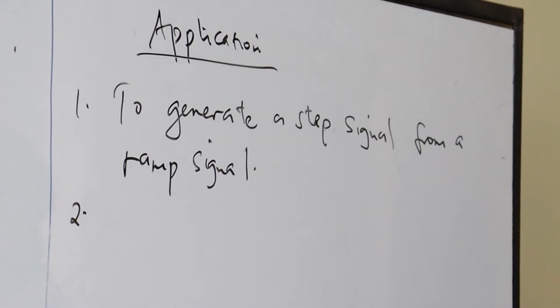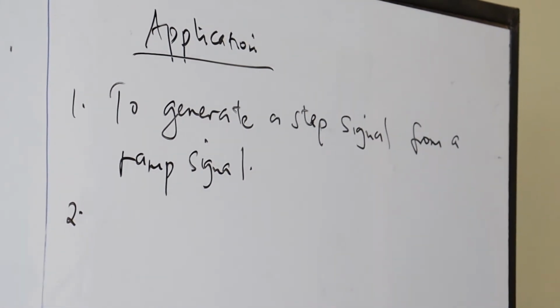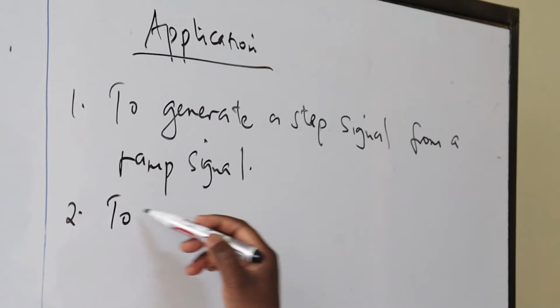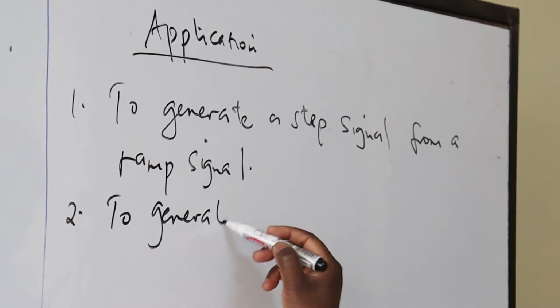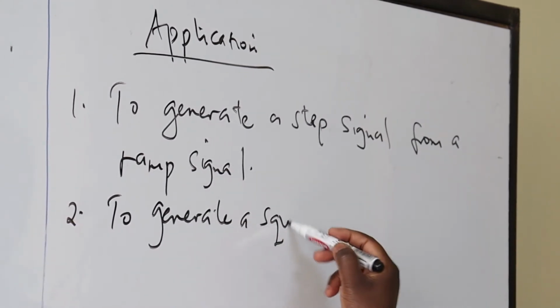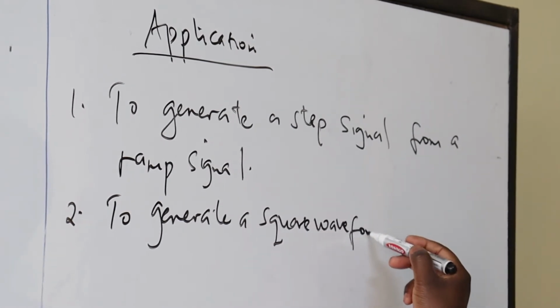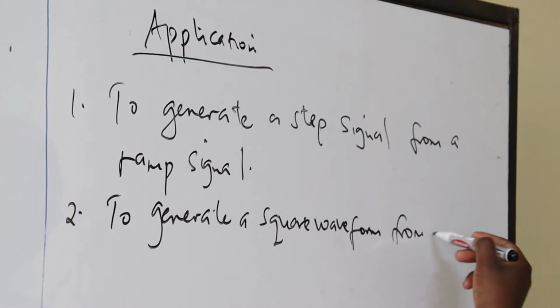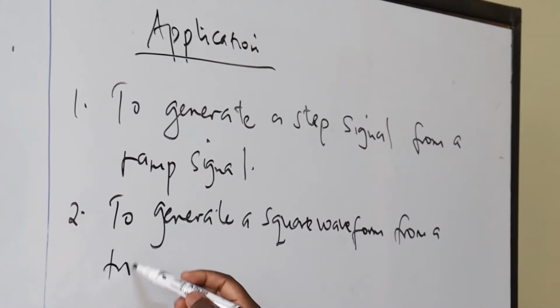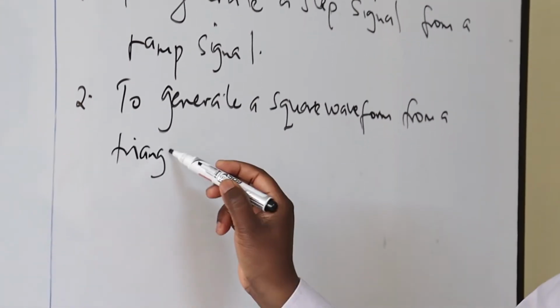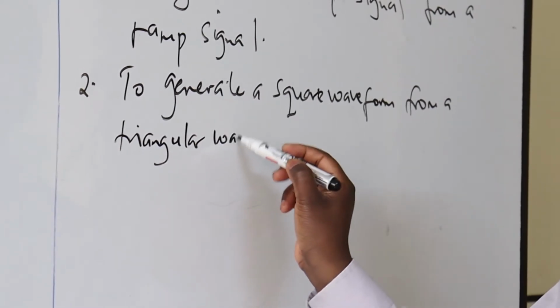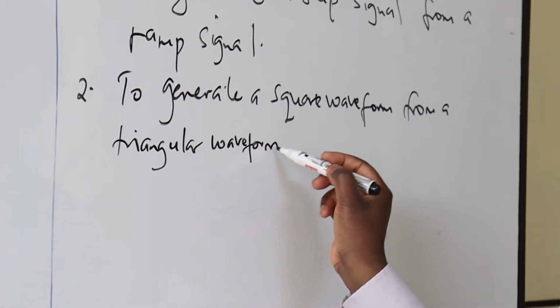Number two is to generate a square waveform from a triangular waveform.